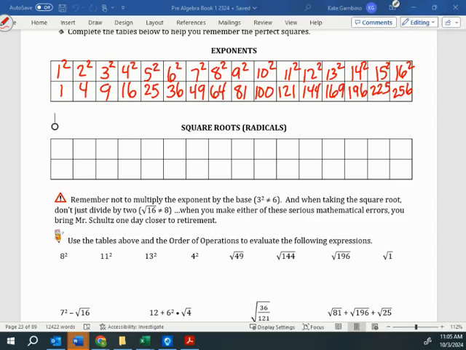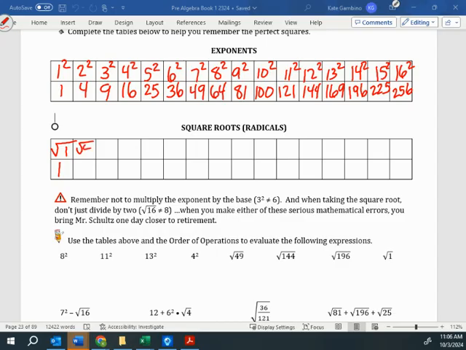Now my radicals, those square roots, remember, are the opposite of the exponent. So if my square roots look like this, square root of 1 would be what? What times itself equals 1? Vivi? 1.